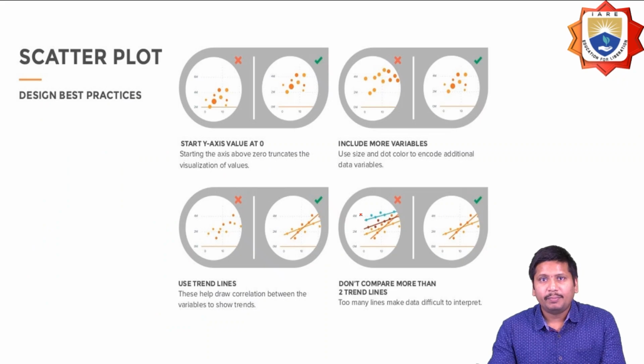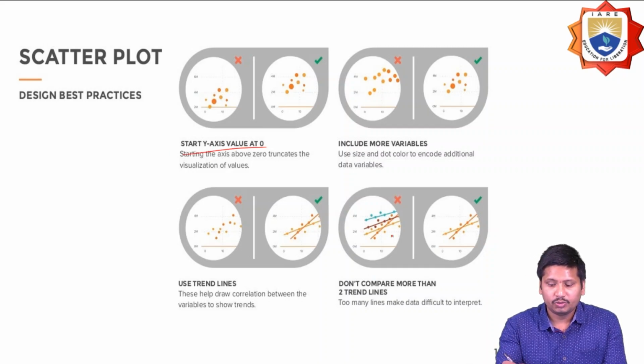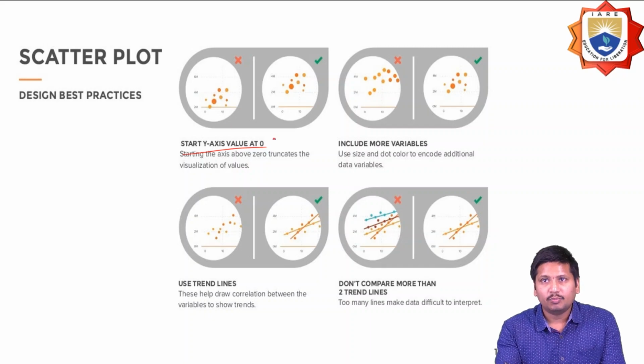What design practices should we consider in the scatter plot? Start the y-axis value at 0. This practice is the same every time. So the scatter plot should start with 0 and include more variables to make a better comparison, and use different sizes or colors to encode additional data variables.